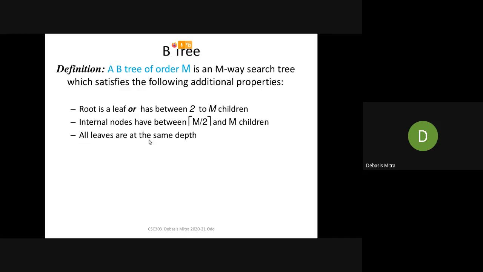It will be very difficult to maintain, but we have to maintain it so that the height balancing is achieved automatically. We'll see when we actually illustrate insertion, deletion or construction of a B tree through examples. We'll see how this particular property helps us to make this tree self-balancing in nature.